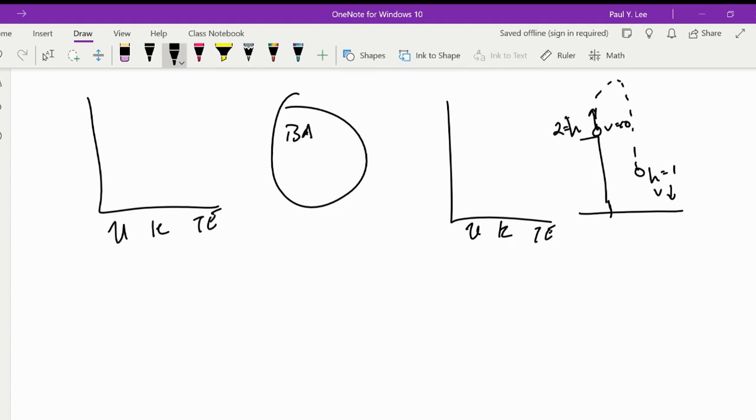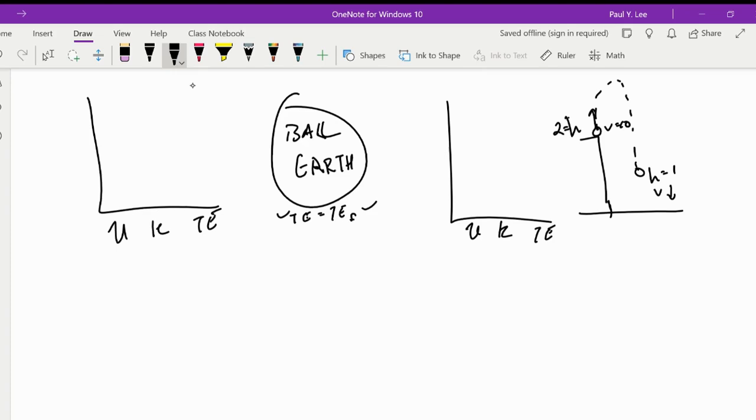System: ball, Earth. Nothing's interacting with the ball or the Earth, not even air resistance. And so we can say our total energy is equal to our total energy. Final check. We gotta have those check marks in place.